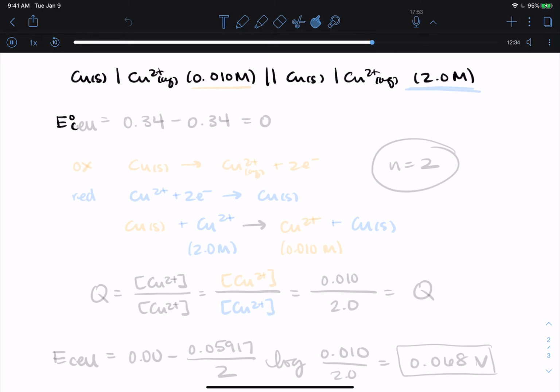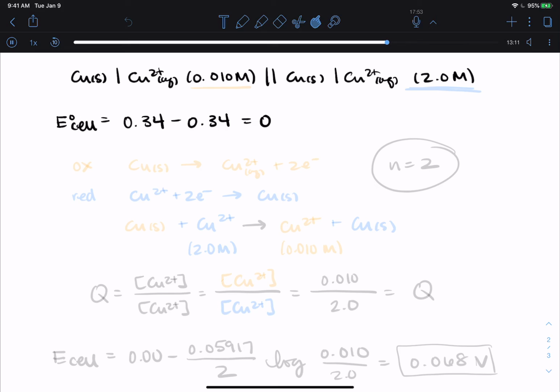So if I calculate a standard cell potential, when I look this up in the appendix, this reduction potential is 0.34 volts. So my standard cell potential is 0.34 minus 0.34, which is 0, which is really boring, but is what you would expect, because if I set up copper and copper 2+ at 1 molar on both sides and connect them, there's absolutely no difference between the two sides. There's no reason for it to go in either direction.